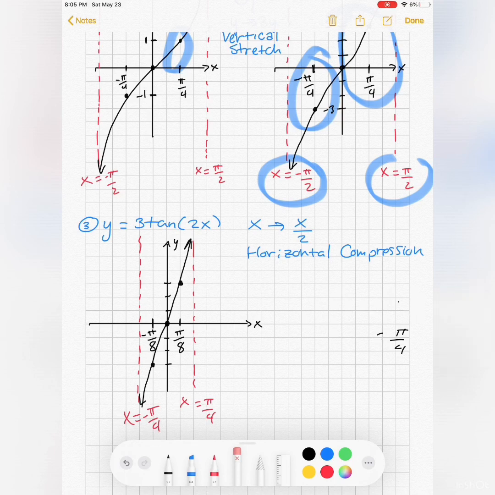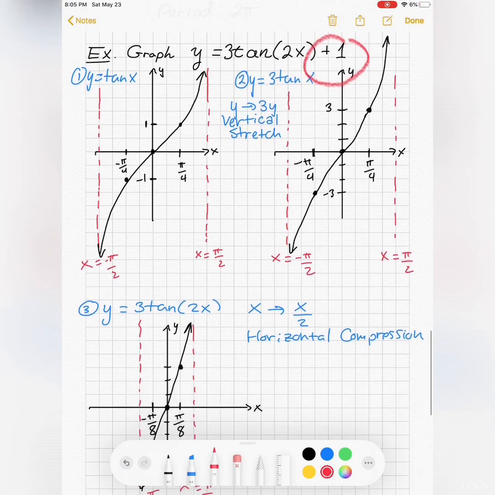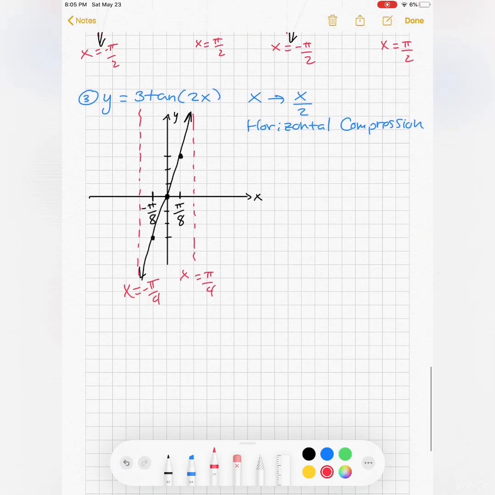So what is left to do? Is there a shift? Yeah, I have to account for this plus 1. So that's outside of the whole equation. So that's going to be a shift up 1.